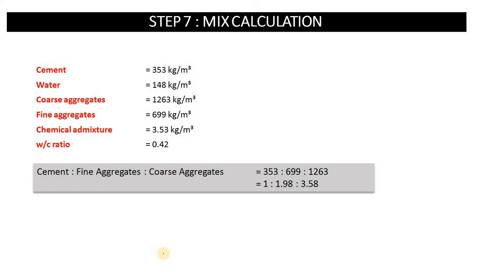So we have the proportion of cement to fine aggregate to coarse aggregate as 1 is to 1.98 is to 3.58, or we can say 1 is to 2 is to 4.